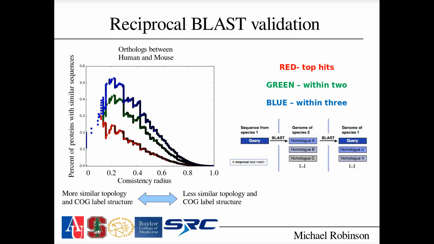You can take a look at the consistency radius, and notice as the consistency radius increases, you get less and less consistency. The proteins are indeed less related. The percent of proteins that end up with similar sequences, those that are these reciprocal best matches, drops off rather precipitously. So if you're looking at the red curve, those are the top hits.